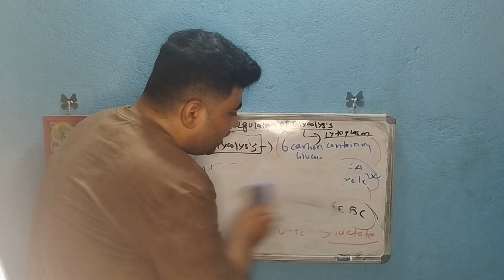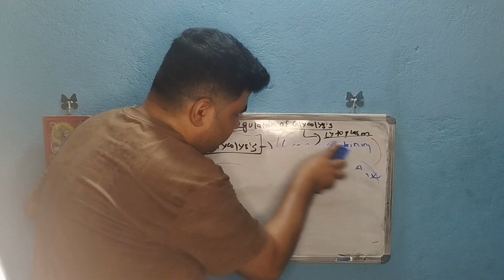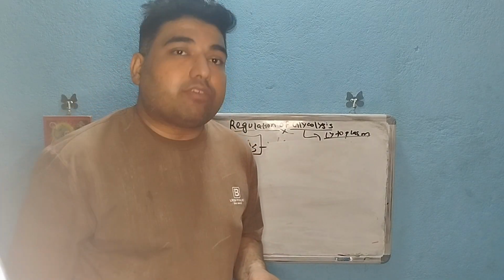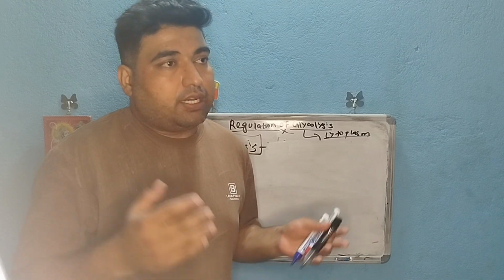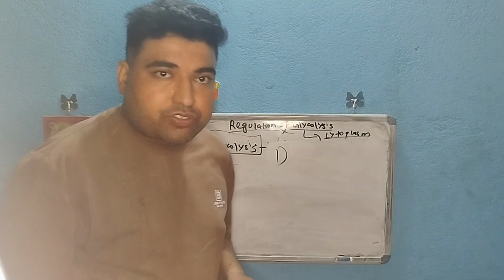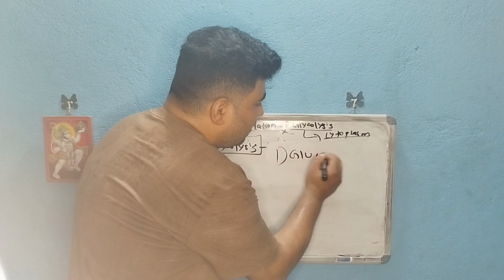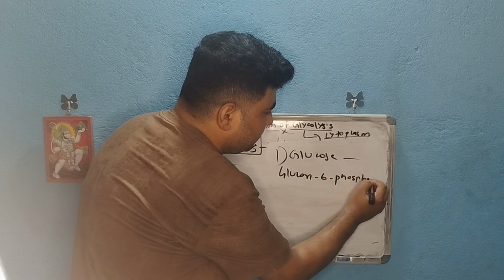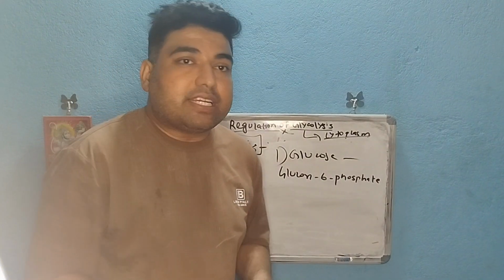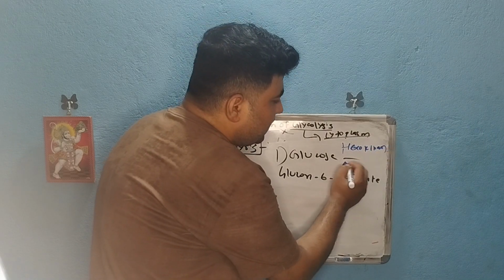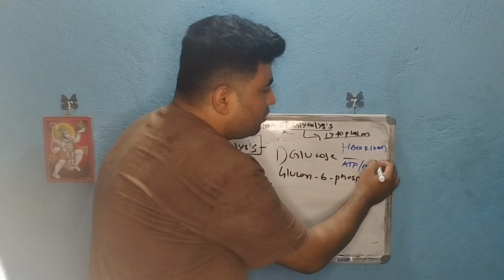Now coming to the regulation of glycolysis. There are 3 steps in glycolysis that are regulated. The first regulated step is the conversion of glucose into glucose 6-phosphate. The enzyme catalyzing this reaction is hexokinase, which uses ATP and magnesium ions for its catalytic activity.